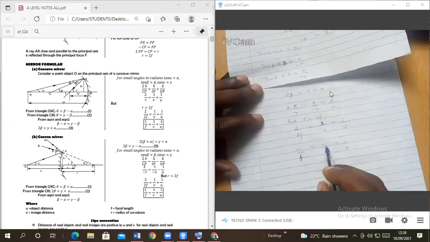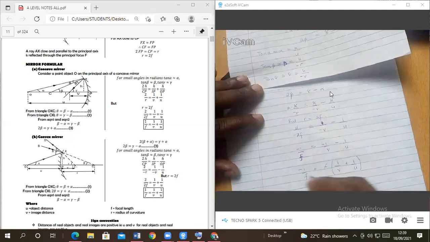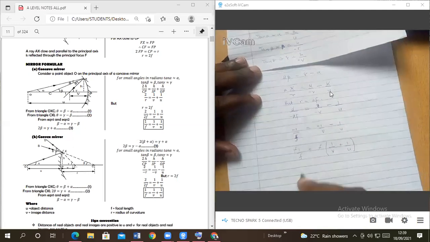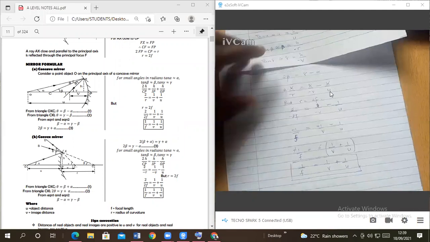I can remove the negative from there, and I put it outside, and I'll have 1 over v plus 1 out of u. And this negative can go with that, and I remain with 1 over f equals 1 over v plus 1 out of u as the mirror formula for the convex mirror.